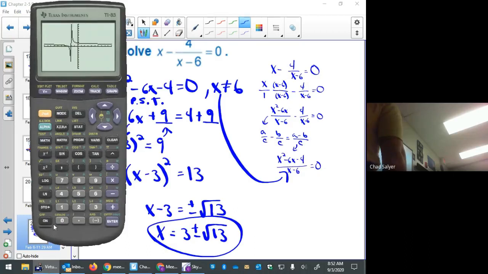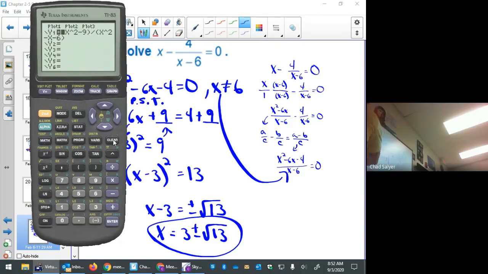Let's test this. So I'm going to graph x squared minus 6x minus 4 divided by x minus 6. And so it should have zeros at this point if we did our job right. So first of all, let's do trace first. 3 minus the square root of 13.